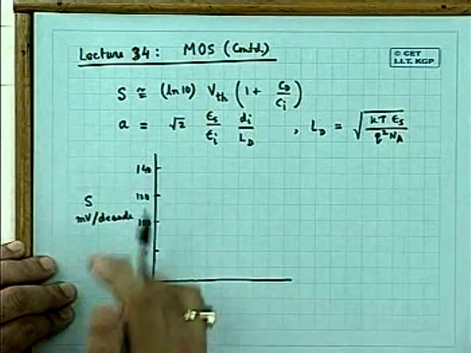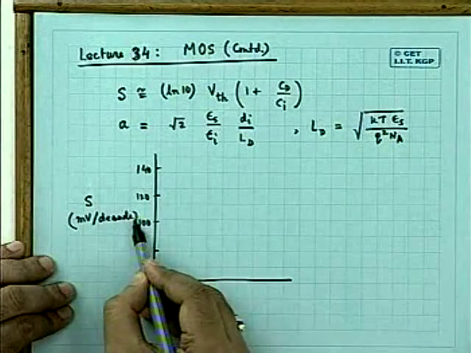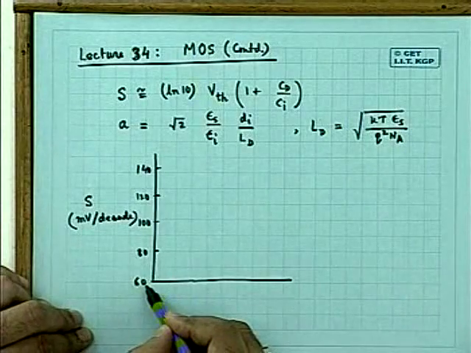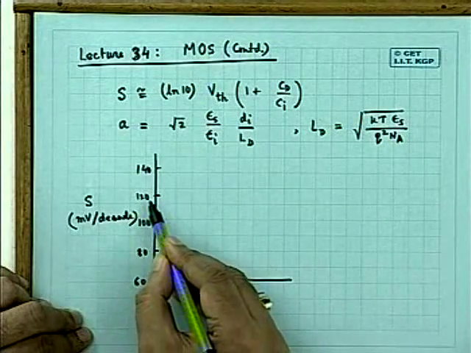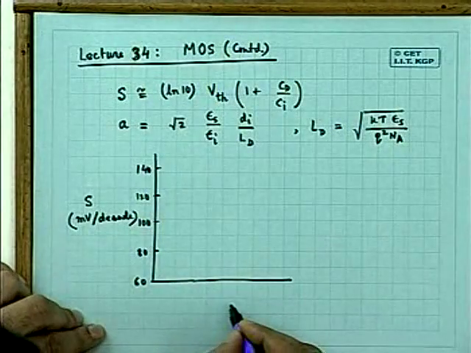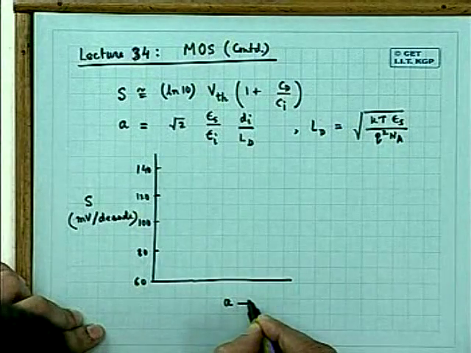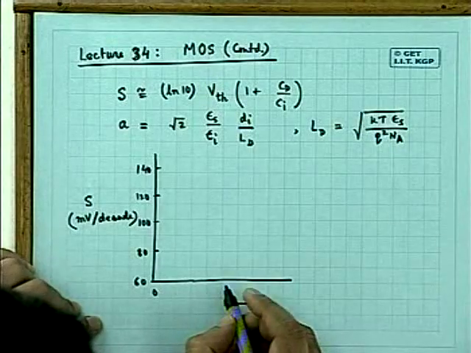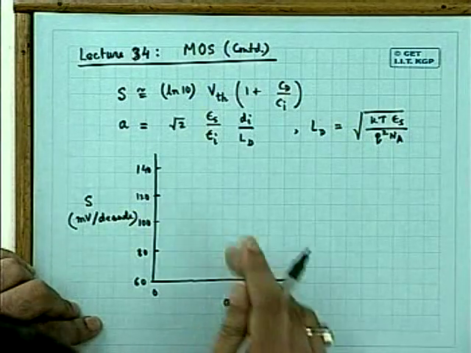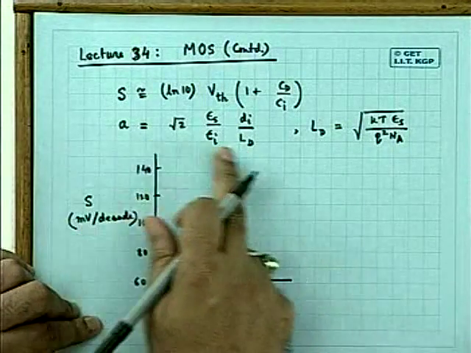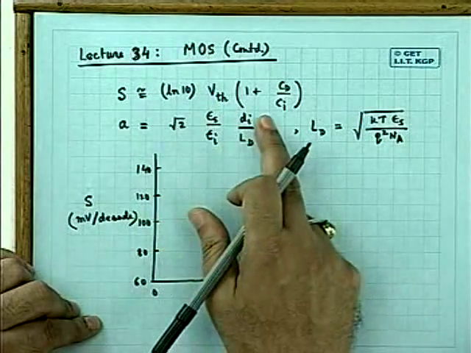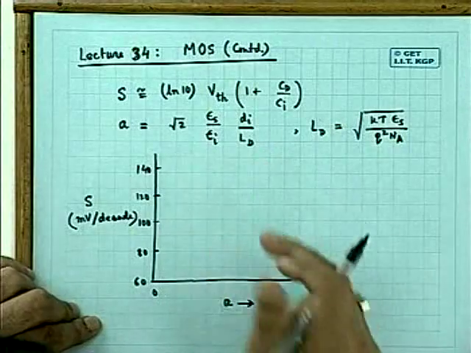So this is S in millivolt per decade, subthreshold slope: 60 millivolt, 80 millivolt, 100, 120, 140, and this is the parameter A. The parameter A, you know that it is dimensionless. Epsilon S by epsilon I, di by LD is dimensionless.